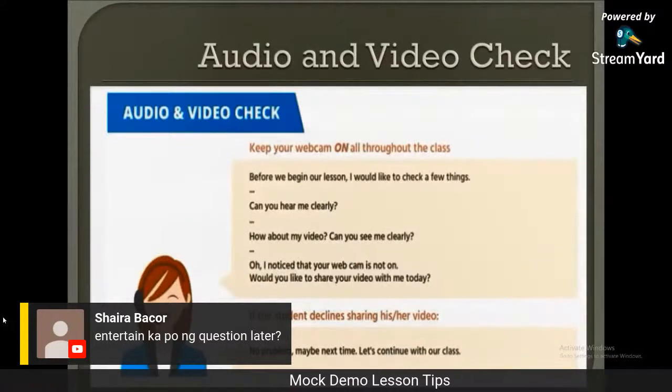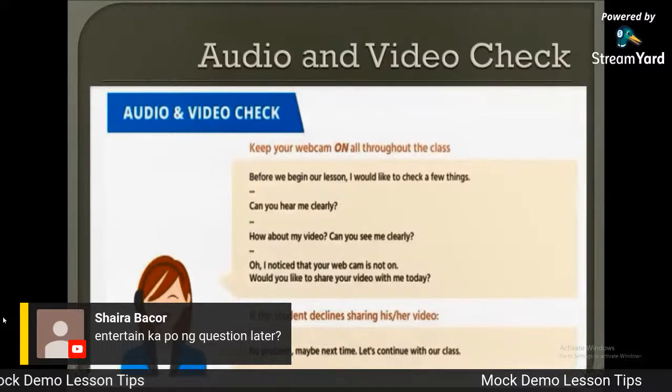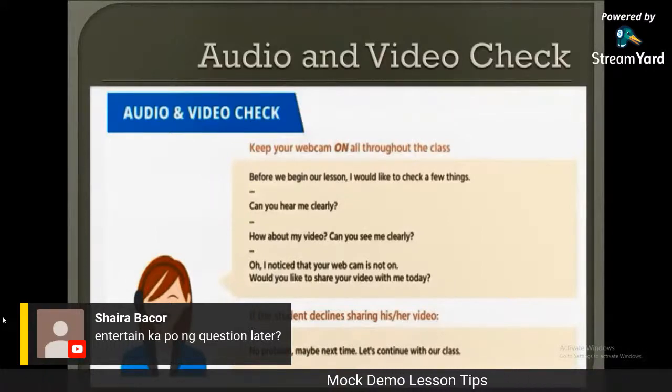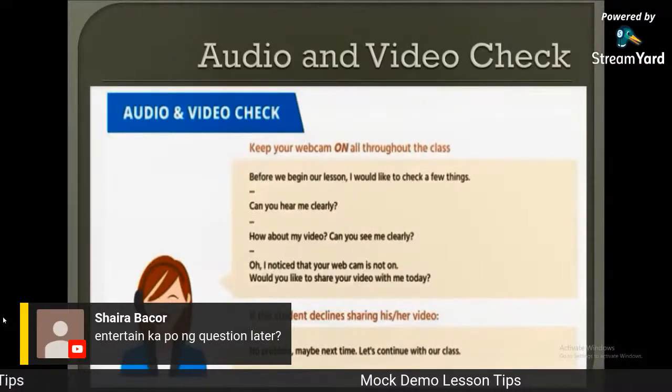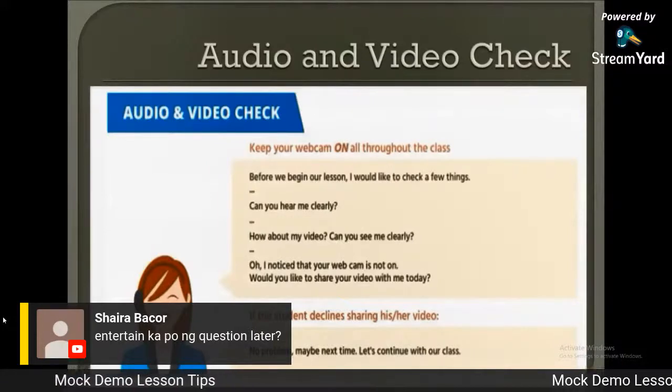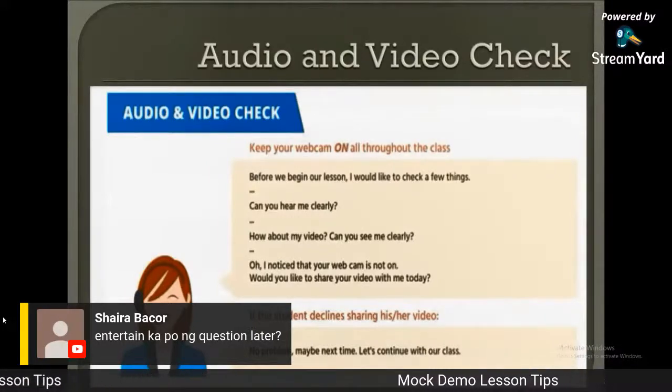As an online tutor, you should keep your webcam on all throughout the class. That is mandatory, except if you really have experienced trouble turning on your camera. But since we are talking here about your actual demo lesson, please make sure that your camera is working fine.